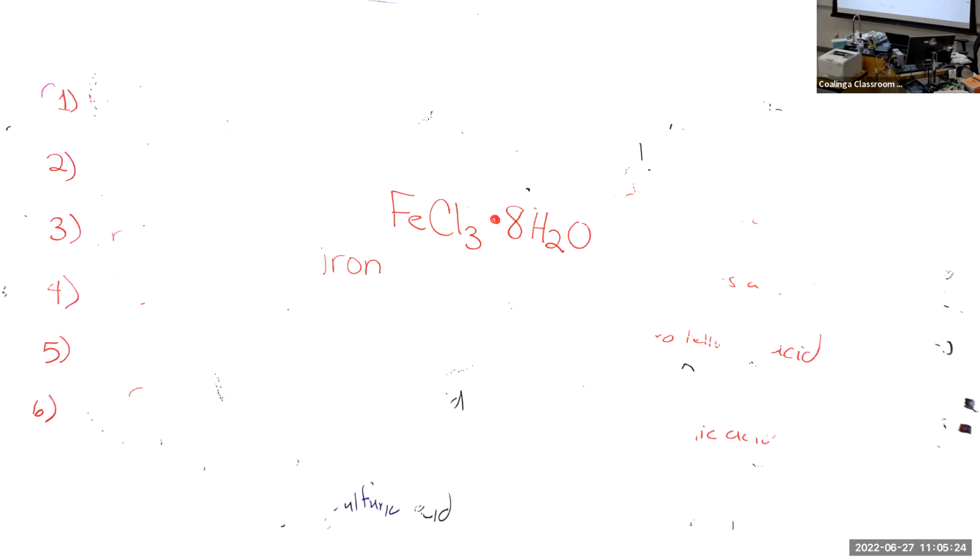Because there's no oxygen. If it has ATE, it should have an O in it, right? If it has ITE, it should have oxygen. If it has IDE, it's just by itself. Isn't it chlorine by itself? Yeah, so it's chloride. Okay, so it's iron chloride.